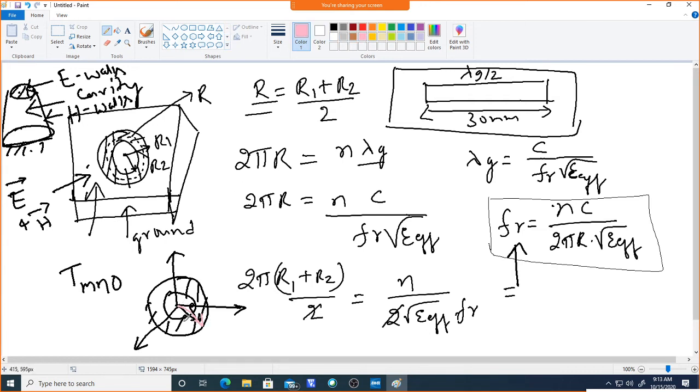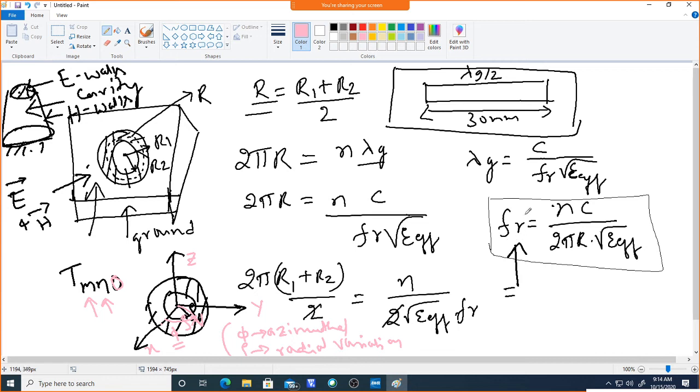From the x-axis, the angle subtended to this radial direction will be called phi. So this phi will be your azimuthal variation, and your rho will be the radial variation. Only these two variations will be there, and they will be denoted as m and n. There is no variation in the z direction.